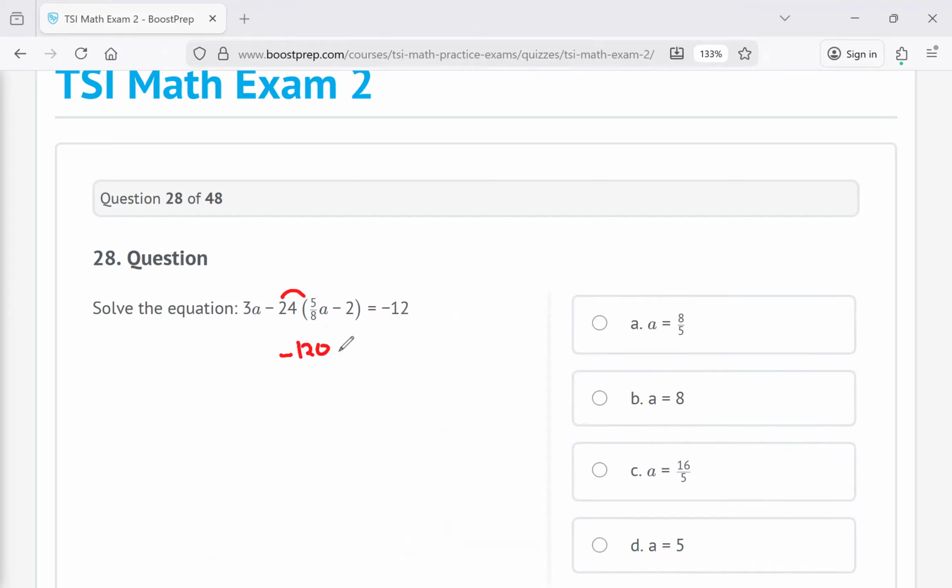-120a over 8. And then -24 times -12 is +48. -120 divided by 8 is -15a.